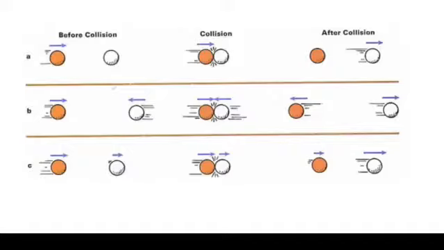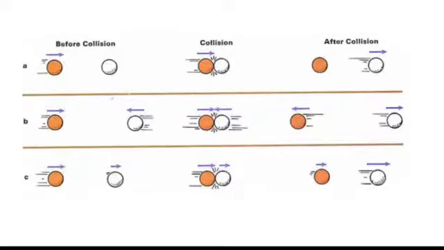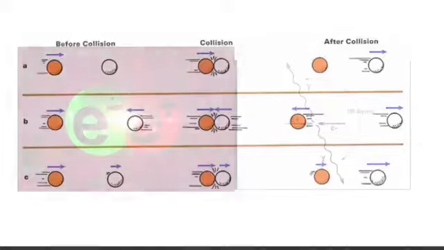The balls move away at the same speed and in opposite directions, so after the collision the total momentum is zero as well. Momentum is conserved. And our final example C shows the faster orange ball hitting the slower white ball. In the collision, the orange ball slows down and the white ball speeds up. And that's all because momentum is conserved.